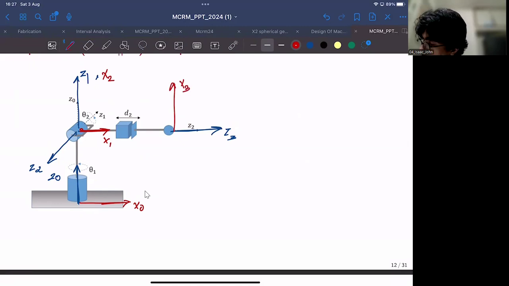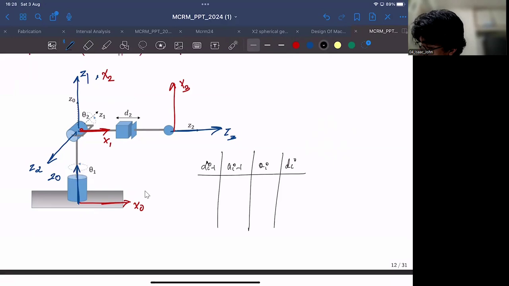And now how would our new DH parameters look like? This will be alpha i minus 1, a i minus 1, theta i, d i, for i as 1, i as 2. So the transformation between 0 and 1, how would it look like?